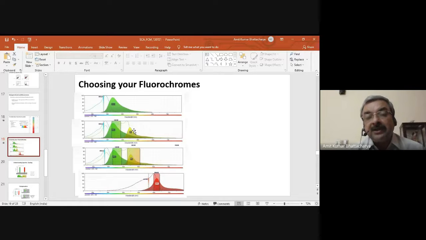So one way out is that I collect light only from a region where there is no overlap happening. I don't know whether you can see it on your screen. But the problem is, in this region, the peak of the fluorescence is here, and I am at this level. The peak of the intensity of the second dye is very, very low.